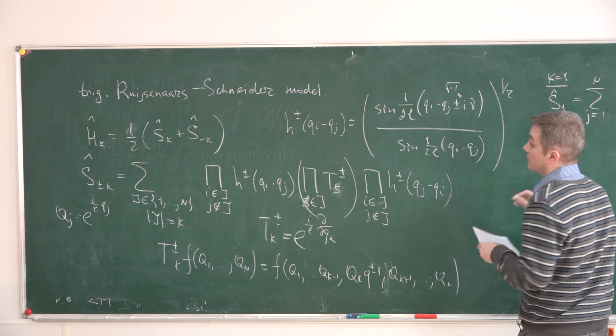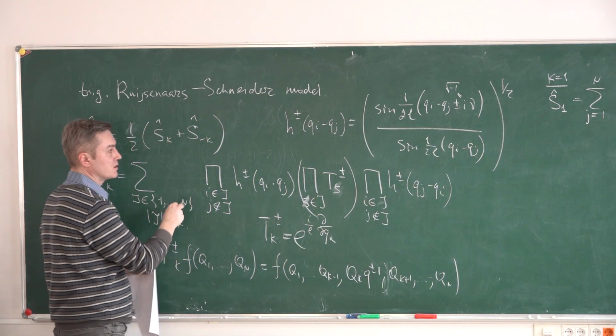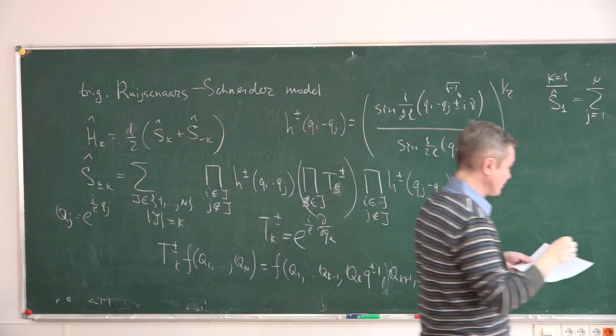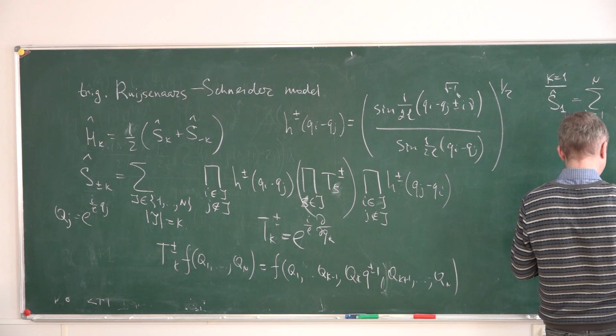The product here is over I, which is not equal to j.